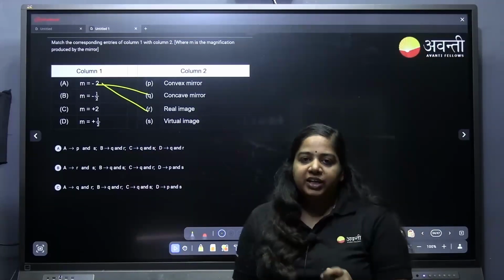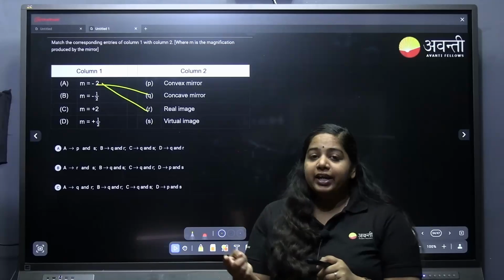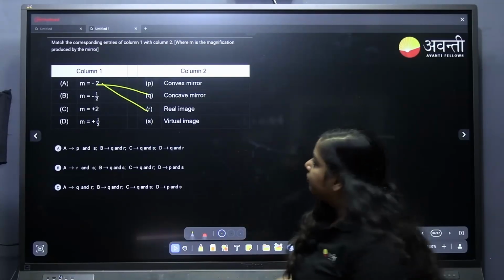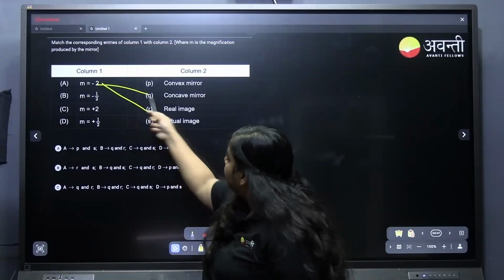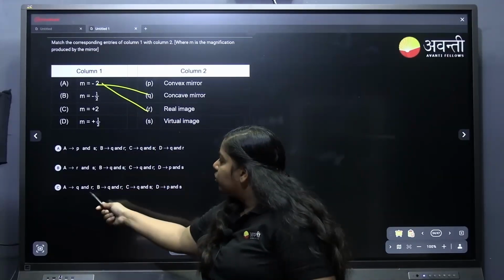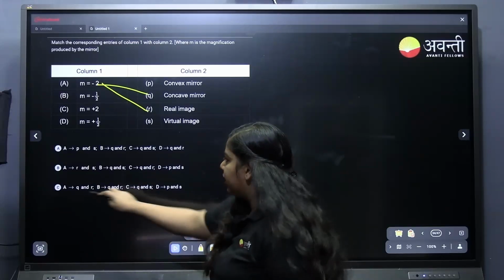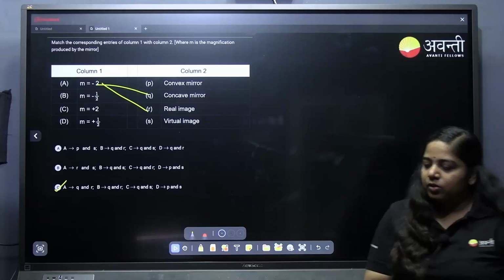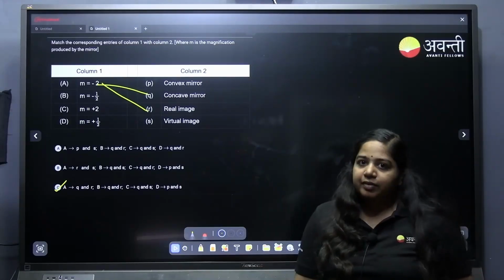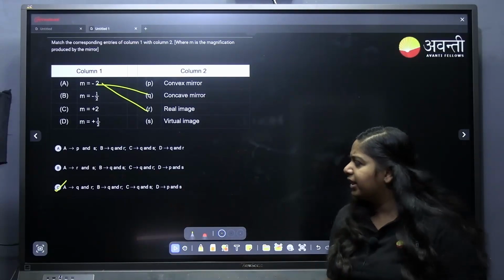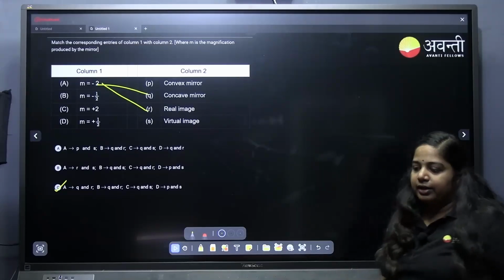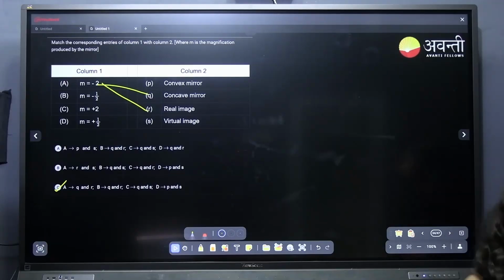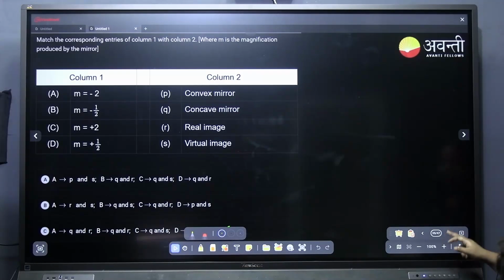A convex mirror most of the time will create what? Erect and virtual images. So A, Q, R is coming in one option only, so we can directly answer it is option C. We don't have to further check the other ones. Directly find Q, R, option C. Moving on to the next question.